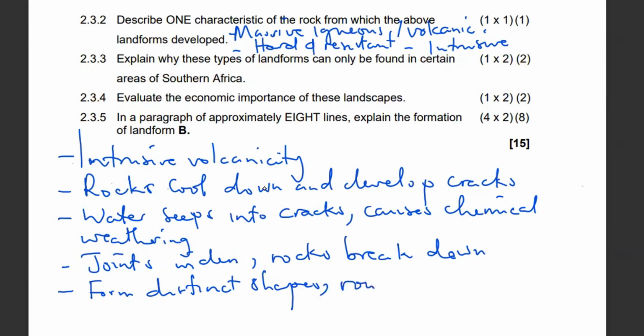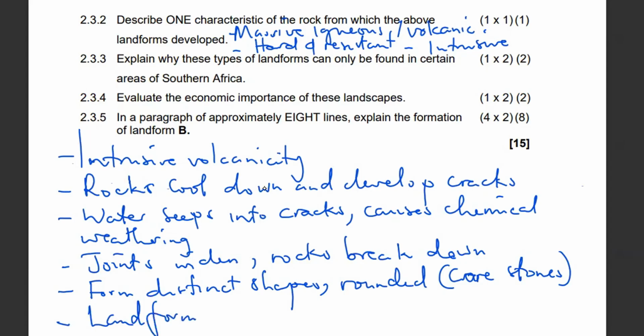They become rounded, or what we call the core stones. And what is going to happen? The landform is exposed over time by erosion. So basically, that is how they form.